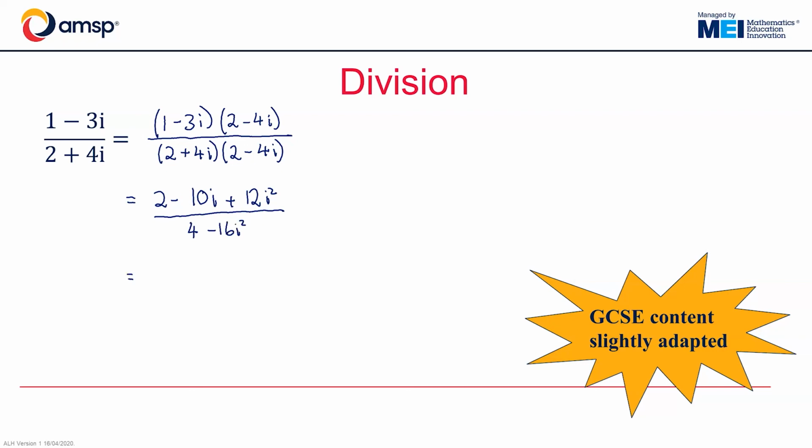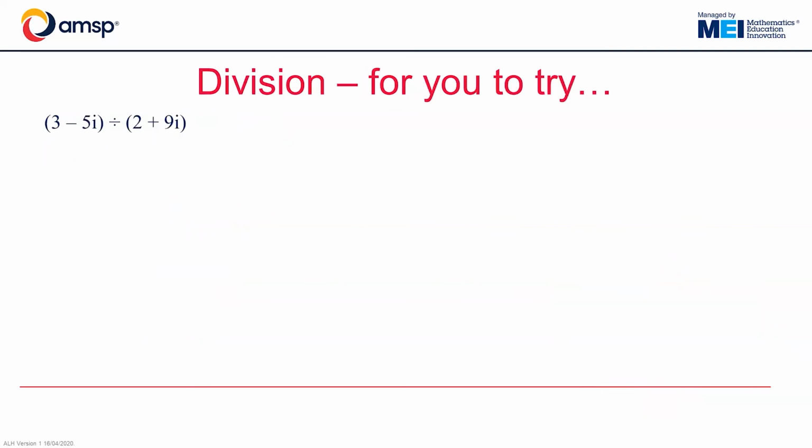So 12i squared is minus 12, 2 minus 12 is minus 10, minus 10i, all over 4 plus 16, which is 20, and we get minus a half i. Pause the video while you try out the method for yourself with this one.